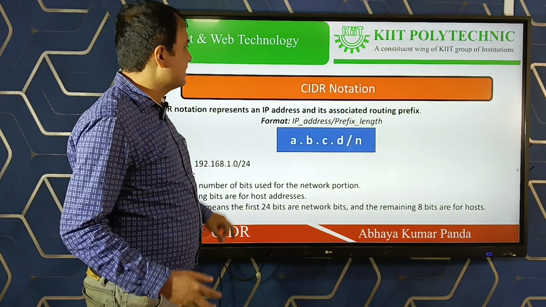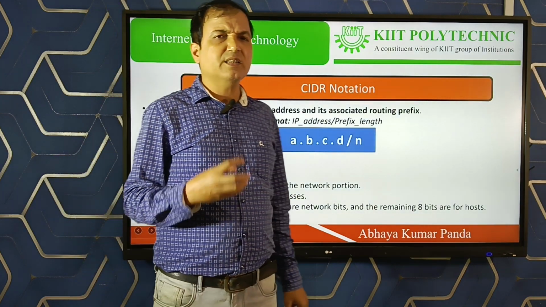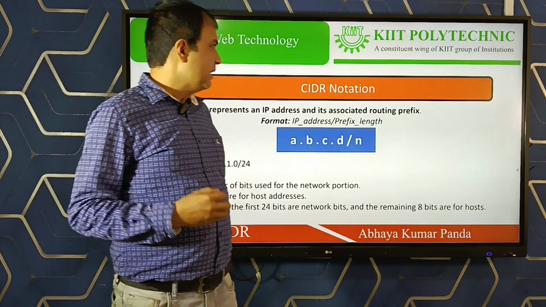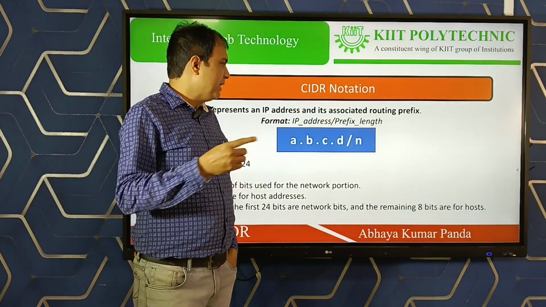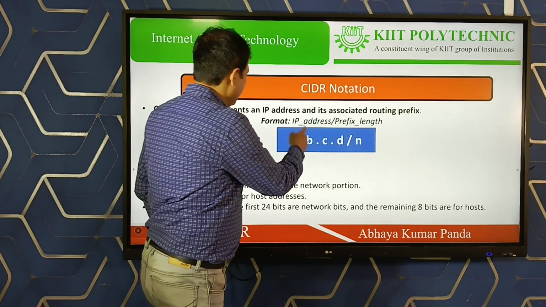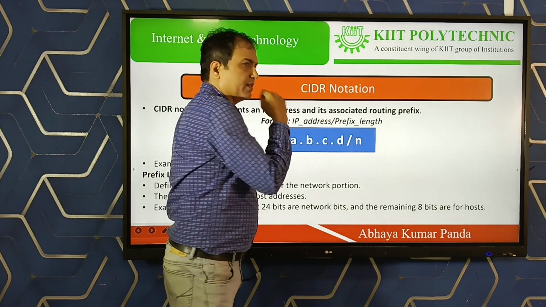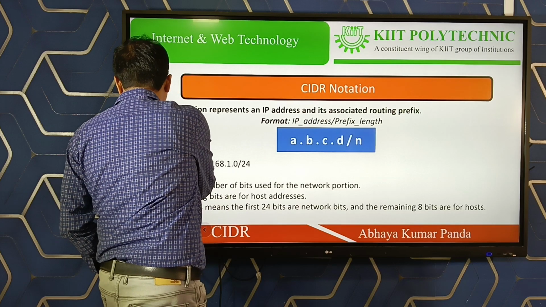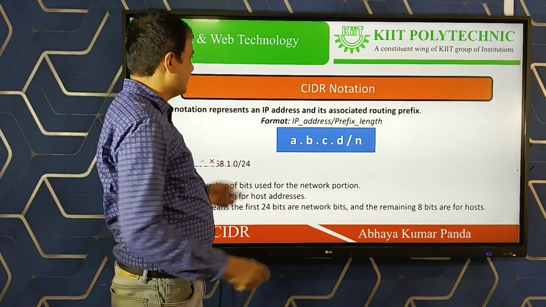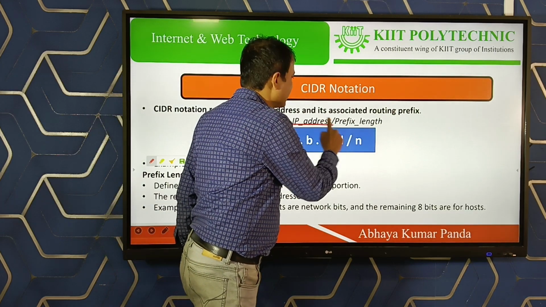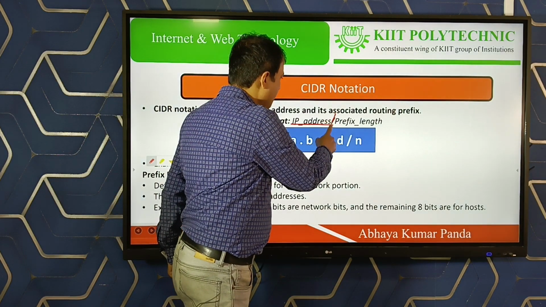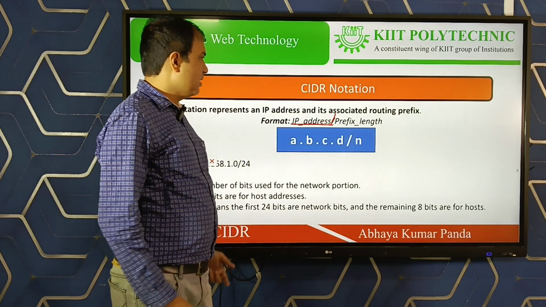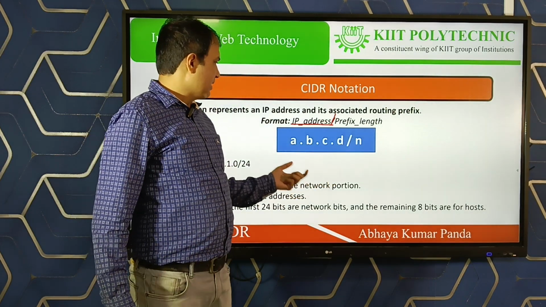How can we represent CIDR, or CIDR notation? We use CIDR notation by putting a slash after the IP address. Its format is: we write the IP address in dotted decimal format, then put a prefix length or routing prefix.